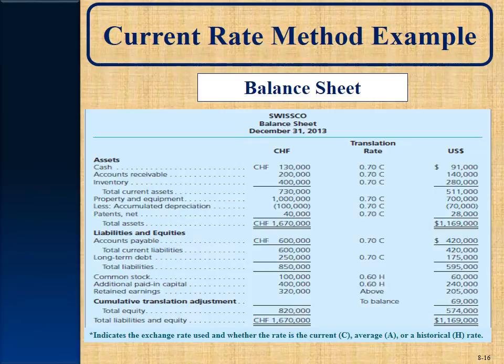It does not affect the income statement at all. Okay, so under this method, you could go through the whole process and find it and add it in as a translation adjustment on your financial statements to show that there was a translation gain.